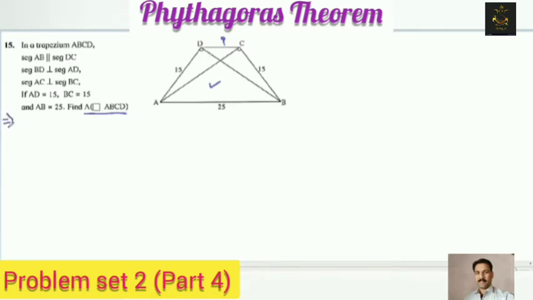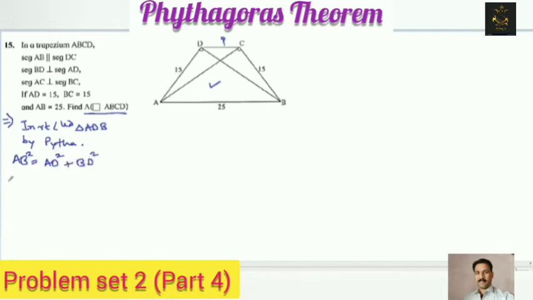See here. In triangle ADB, which is a right angle triangle, we'll write: in right angled triangle ADB, by Pythagoras, see here, the hypotenuse AB square is equal to AD square plus DB square, or BD square.